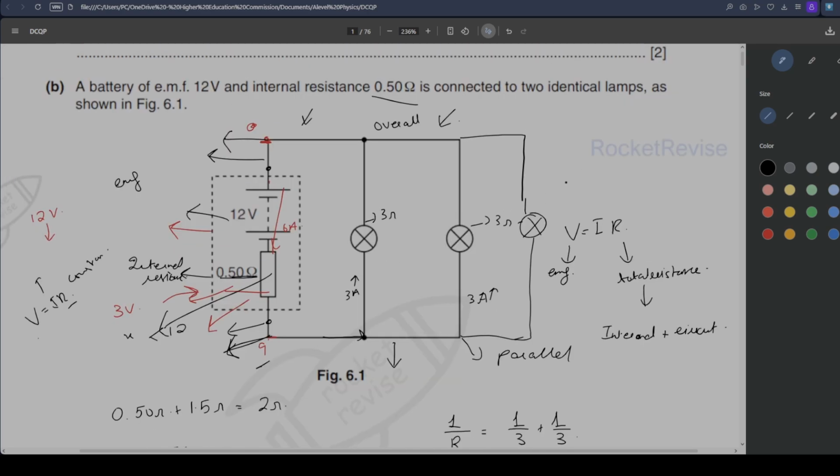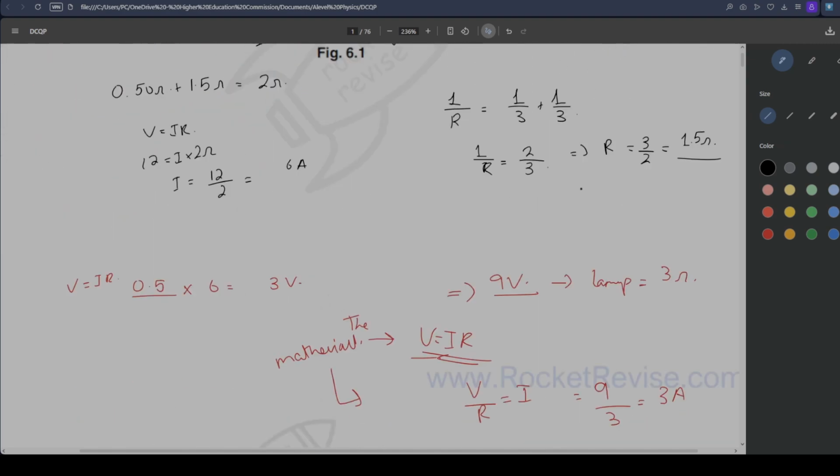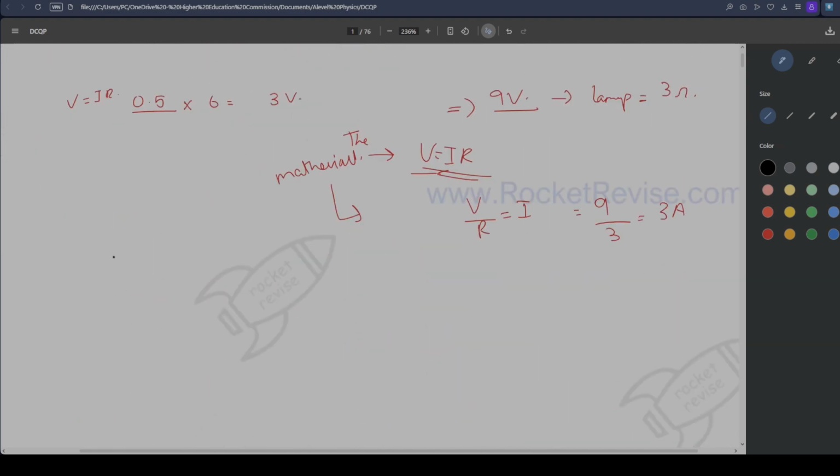We've added another identical lamp which has 3 ohms resistance. So now our new resistance is going to be 1 divided by R equals 1 divided by 3 plus 1 divided by 3 plus 1 divided by 3. Earlier we had two lamps, now we have this additional lamp. Now if we calculate the total resistance, that's 3 by 3, 1 divided by R. So if we take the reciprocal, that's just going to be 1, because the reciprocal of 1 is 1.